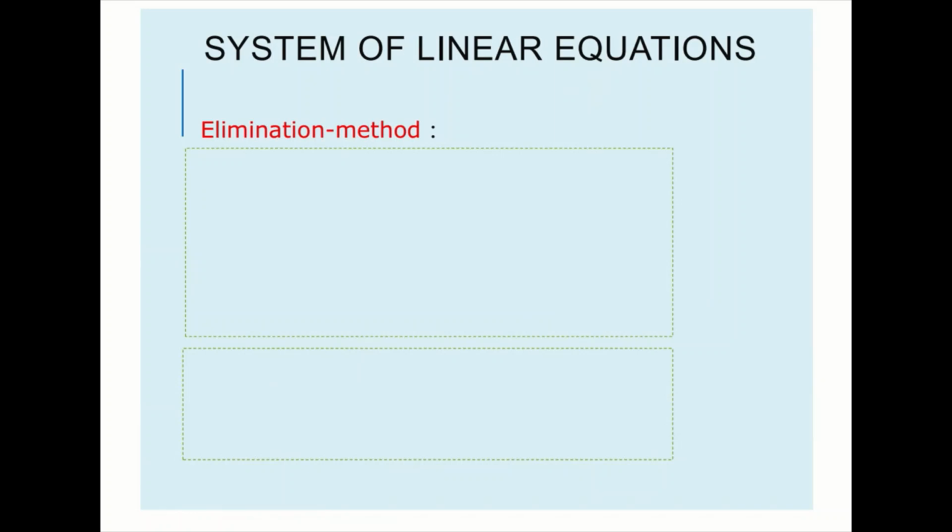I'm going to rewrite the system here: 4a plus 5b equals to 335, and 9a plus 14b equals to 850. We let this be the first equation and this be the second equation.